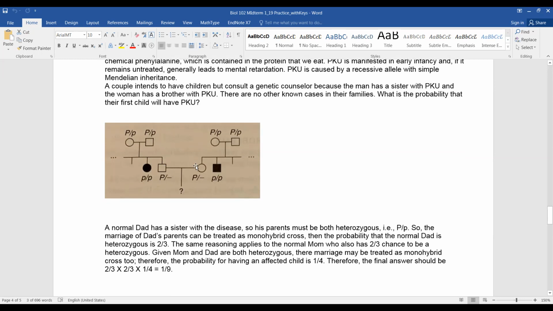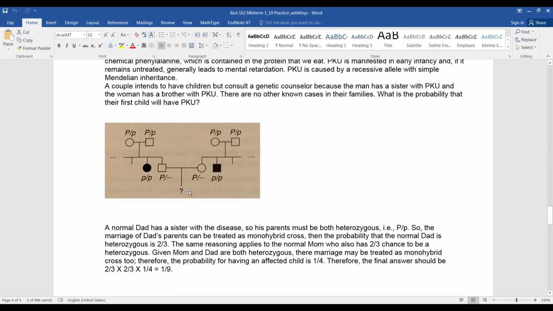Because these two are normal, there are two ways to be normal: either they are homozygous AA, or they are heterozygous.